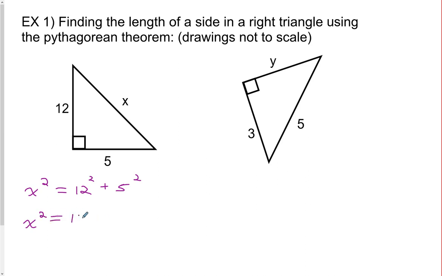I happen to remember that 12 squared is 144. And I know that 5 squared, 5 times itself, is 25. And now, using my proper order of operations, I can add those two together because I've already done the exponents. So I'm going to go 144 plus 25, that's 169.